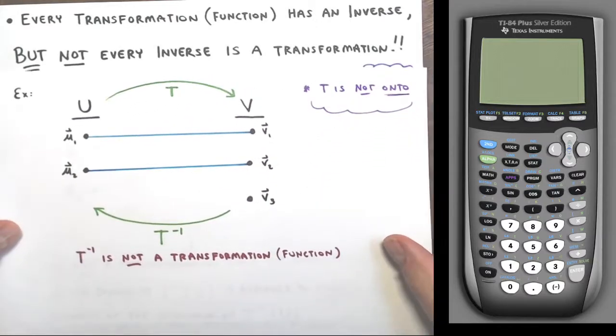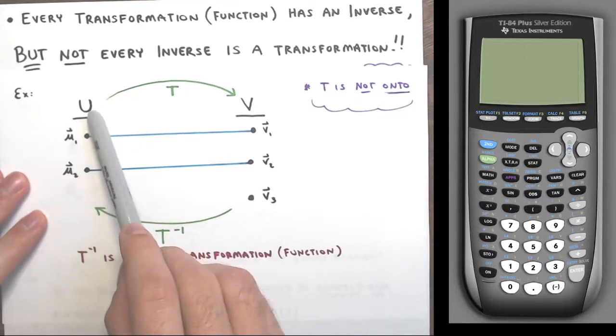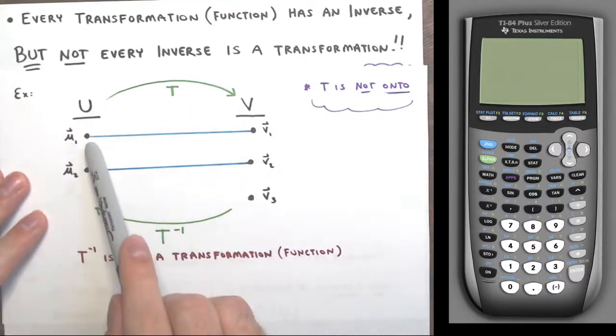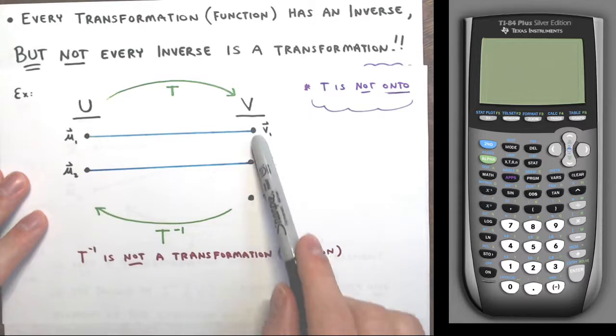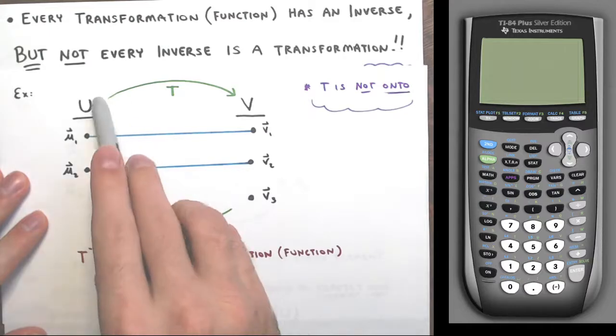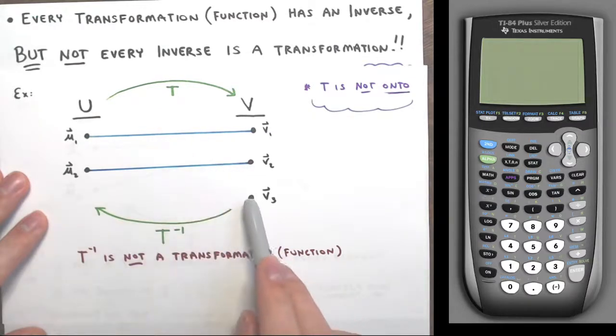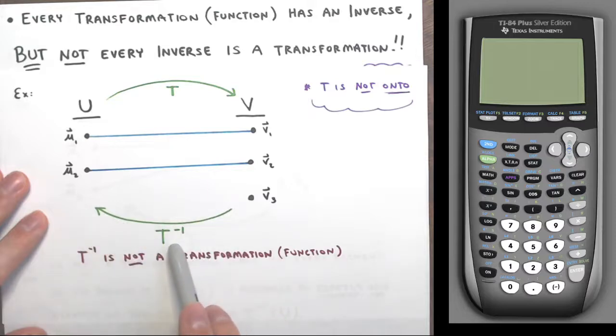Again we have vector space U and vector space V. Say this one only has two vectors and this one only has three vectors, three little dots there. Like I said, not a typical example, just an example to make a point. From U to V is the mapping we'll call T, and from V to U is the mapping we'll call T inverse.